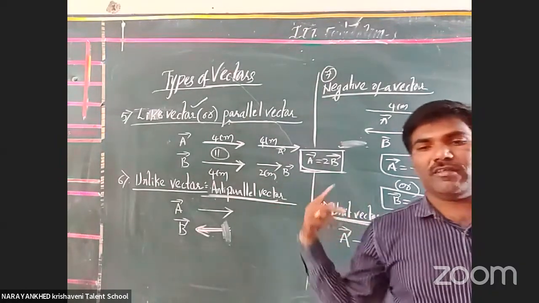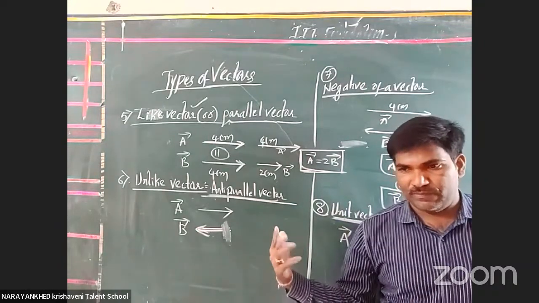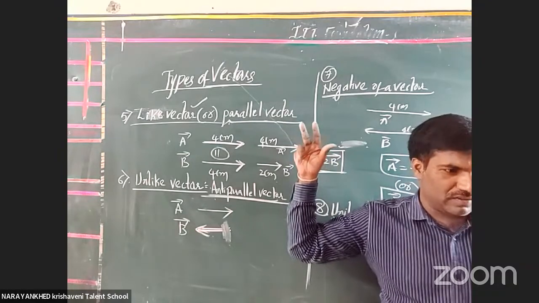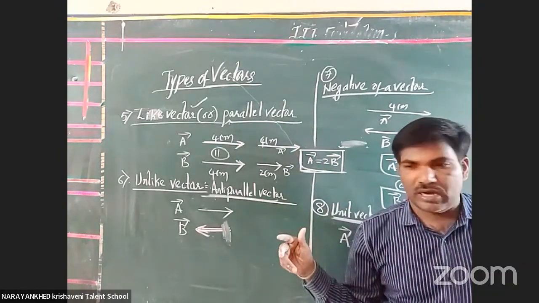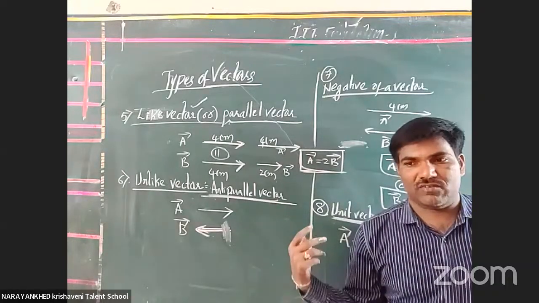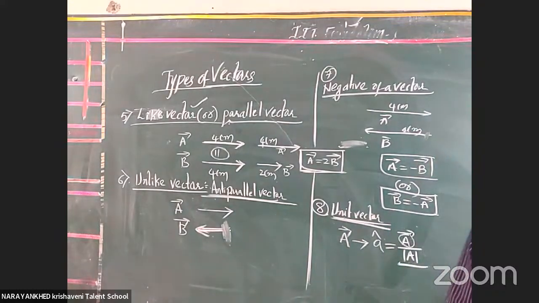But anti-parallel is exactly when we take north and south. One vector is along the north direction, another vector is along the south direction. Automatically they become anti-parallel vectors.